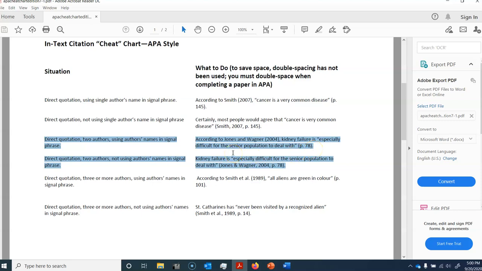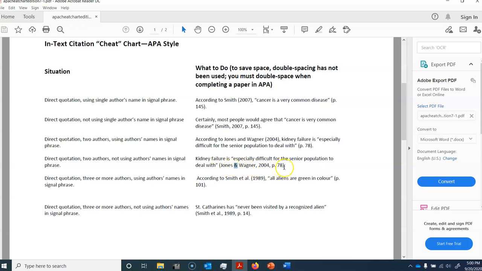But if I'm not using the authors' names in my sentence, I'm going to put everything in a big long bracket at the end, just like I did with a single author. But instead of "and," I need to use the ampersand, the "and" symbol, in between the two different authors' names. So I might say something like kidney failure is, "especially difficult for the senior population to deal with."